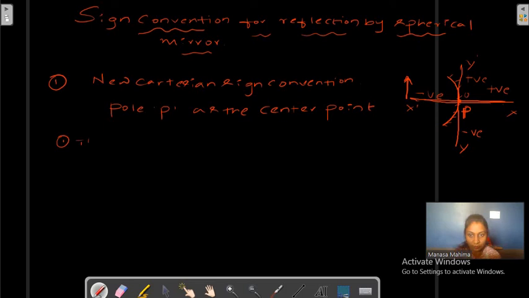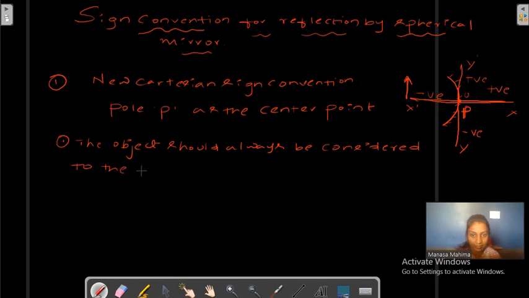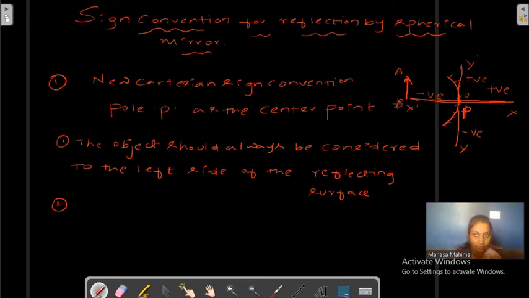The object should always be considered to the left hand side of the reflecting surface. Next, for example, I will take this object, that is AB.